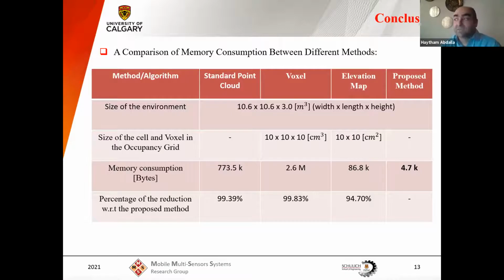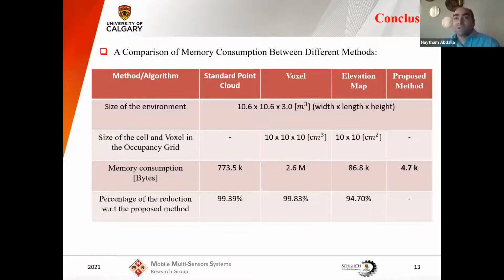It is clear that the proposed method is very low compared with the other methods, such as the standard point cloud, voxel, and elevation map. For the percentage of reduction with respect to the proposed method, we reduced the standard point cloud by 99.39%, the voxel by 99.83%, and the elevation map by 94.7%.